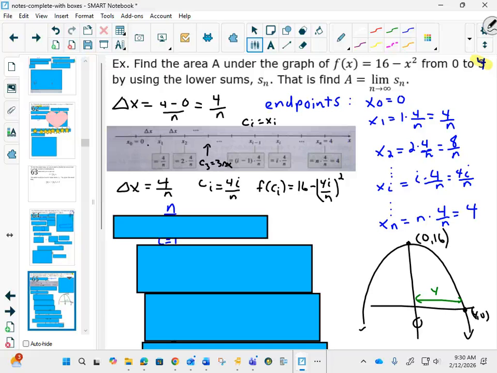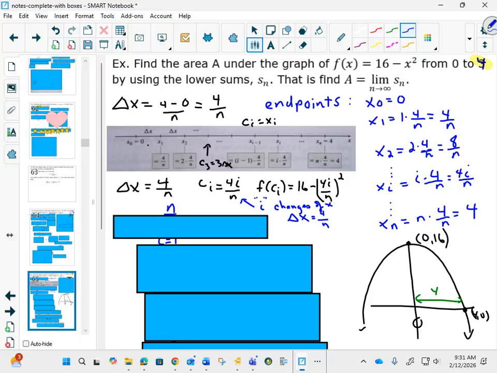This is i, which is a number, changes of x, or it's i of those. And since these are equal to 4 over n, we get 4i over n.